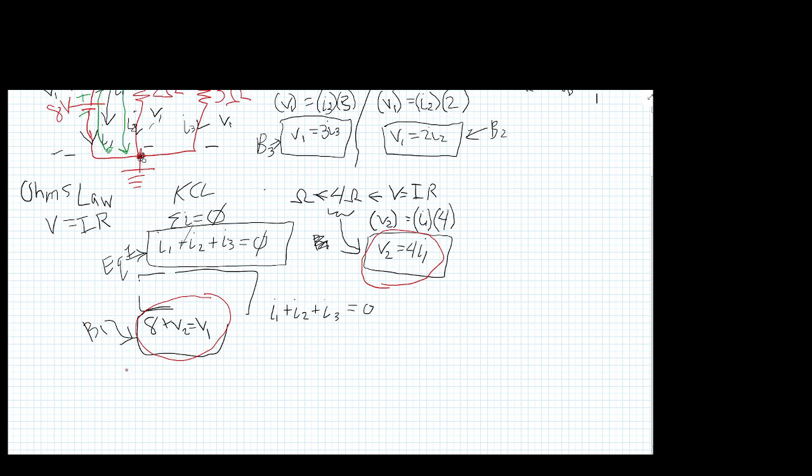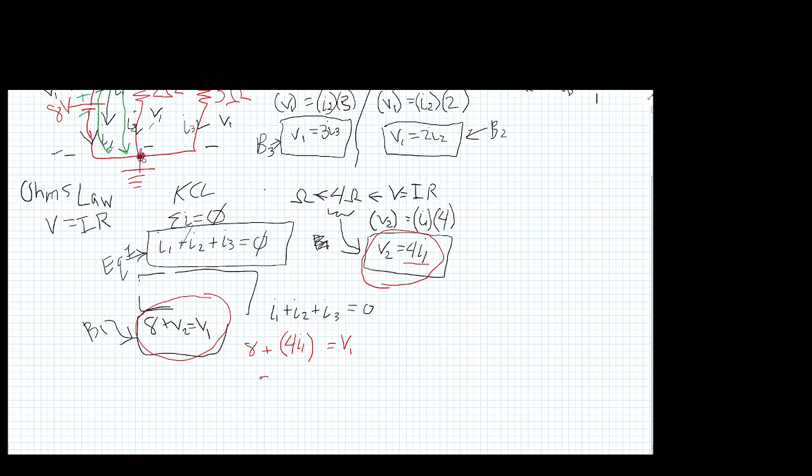And we have 8 plus, and then we put our parentheses, equals V1. So V2 is equal to 4 I sub 1. So we put our 4 I sub 1 right there.